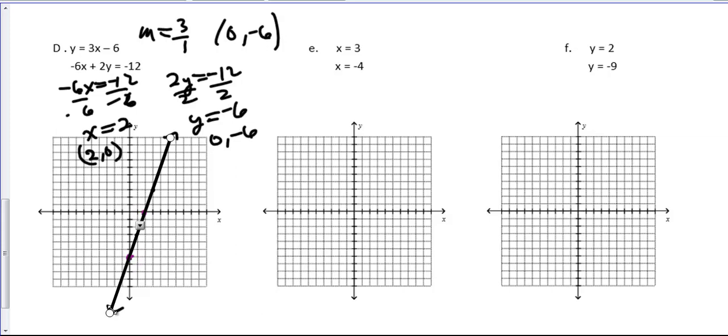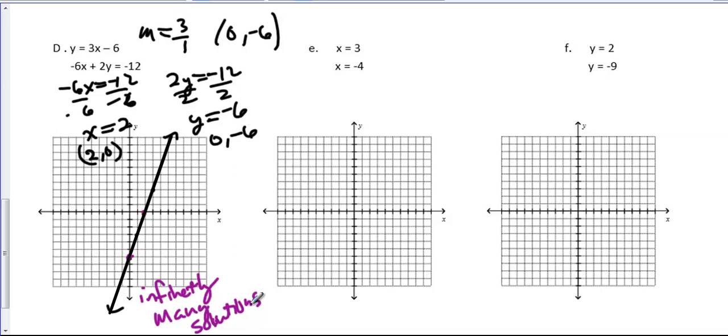Here's an example where you graph two different equations but end up with the same thing. This is a graph that's going to have infinitely many solutions. What that means is, again, the solution to a system is the single point where two lines meet.